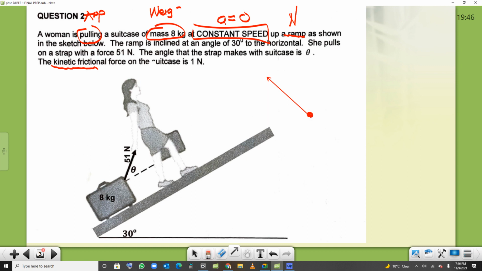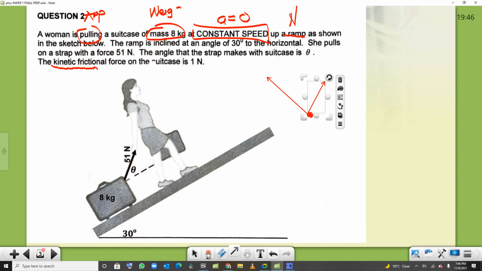The applied force is not parallel. The applied force is that way. It's not parallel to the surface. Okay, my calibration is not okay. My applied force is not parallel to the surface.